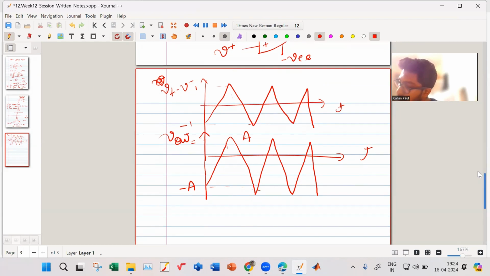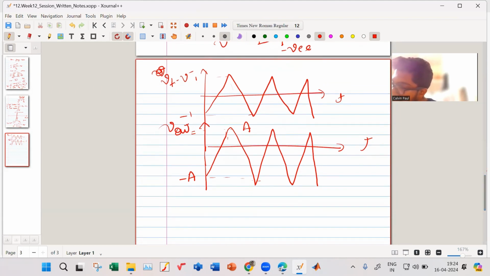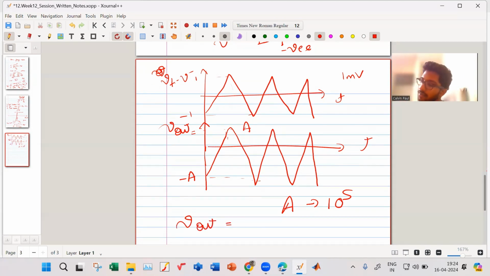But if I tell you, assume this is approximately 1 millivolt, okay? And your gain A is like 10 raised to 5. What will your V out then be? So what is that 1 millivolt? This is your V plus and 1, like this.